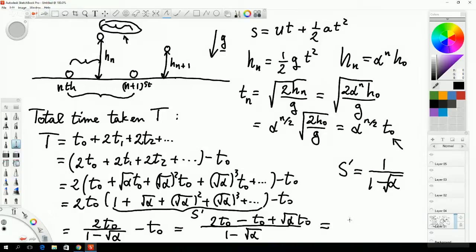In the end, we have a very similar expression to the one earlier, except instead of the alphas, we have square root of alphas this time, and instead of h naught, we have t naught. So this is our final answer.